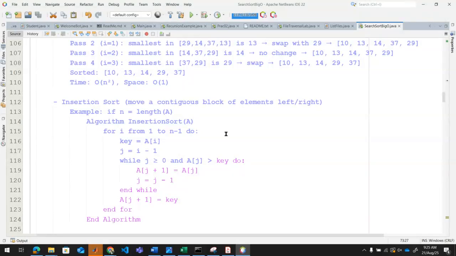By while j is... So the a of j plus 1. What line is that? Line 118. 118, this one. Okay, you're saying what? That it's extending the array in order for you to insert whatever you want to, by saying now this new one is going to equal the a of j. Right? I don't even know what to say.